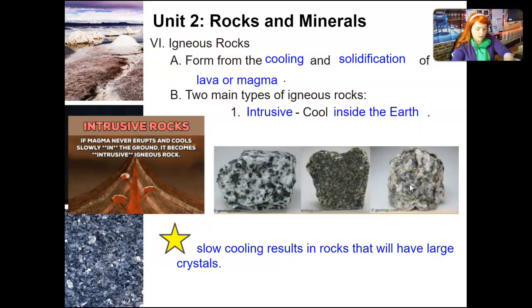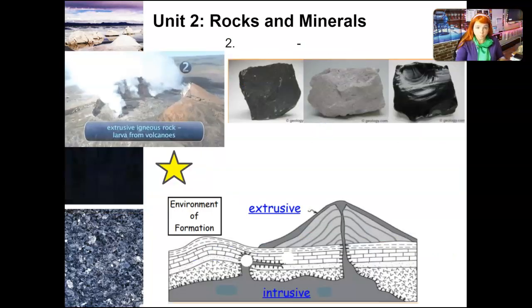So we've got this one, this one, and then, even though you don't need to know it, this lovely chunky one. These form inside the earth, and because they cool really slowly, they have large crystals. So that's an identifier that this is igneous, because it has crystals in it.